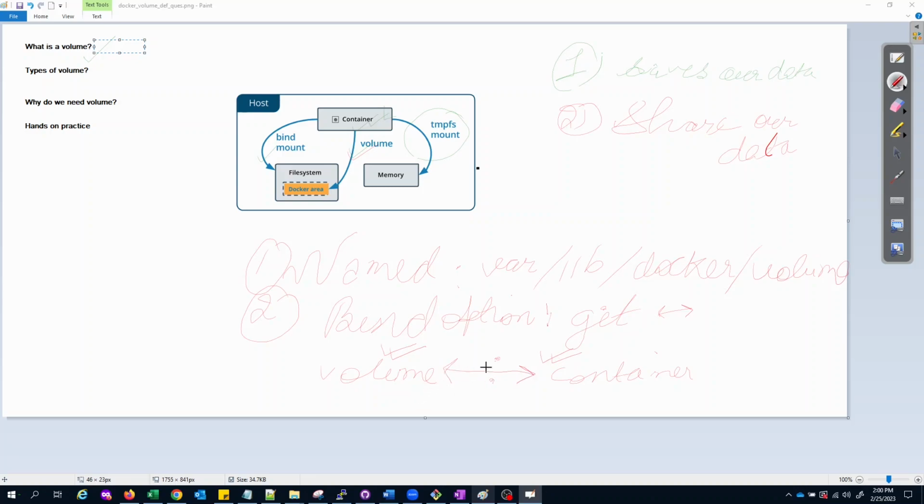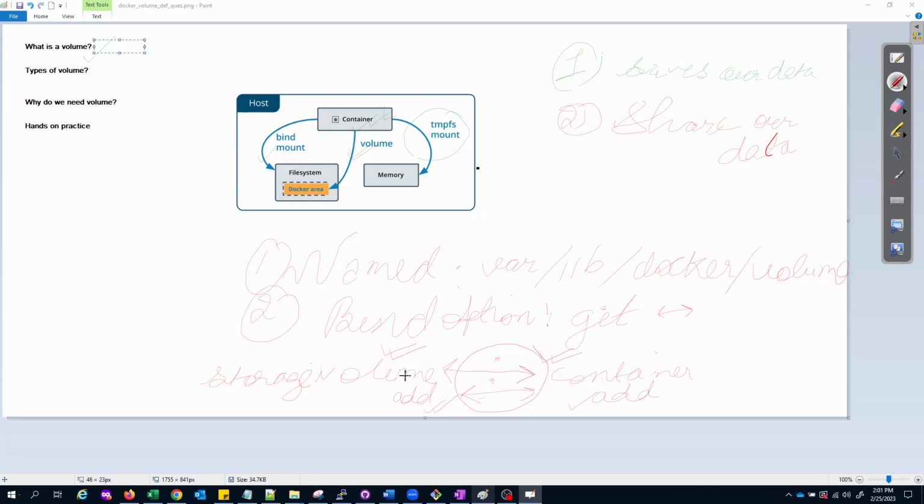I draw this arrow on purpose because if I add data to my volume, that same data will be copied over to my container. Similarly, if I add some data to the container, the same data will be added to my volume. So the volume is technically my storage, and this creates an interaction between the container and the volume where addition of data in both will affect each other.